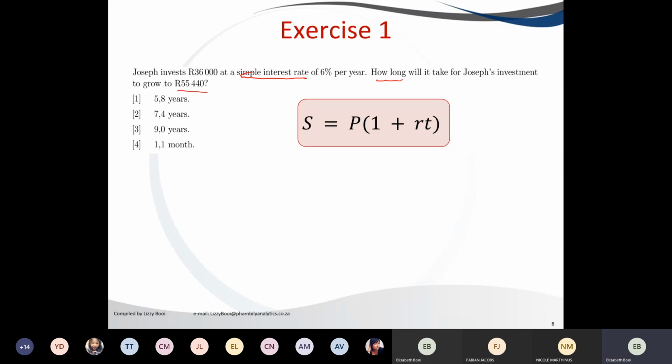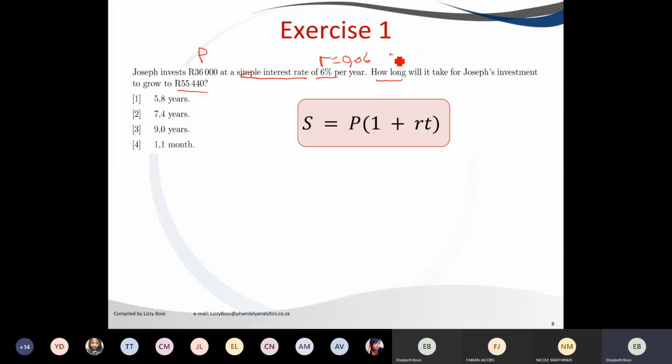So if I look at this question, what am I given? I am given my present value. I am told this is simple interest. I already identified my formula, and I am given my rate, which I need to divide by 100, which is going to be 0.06.